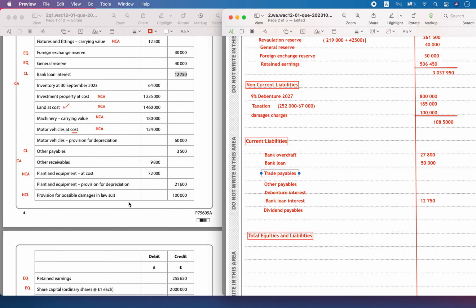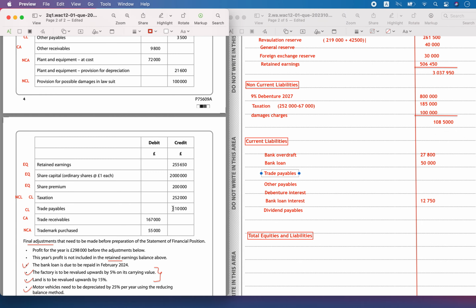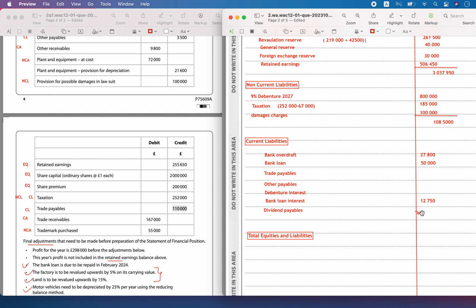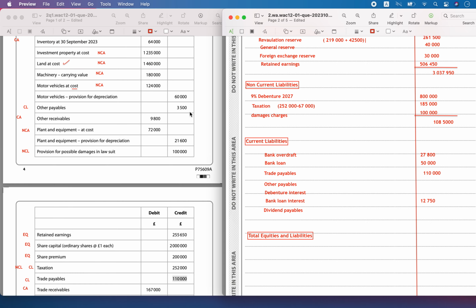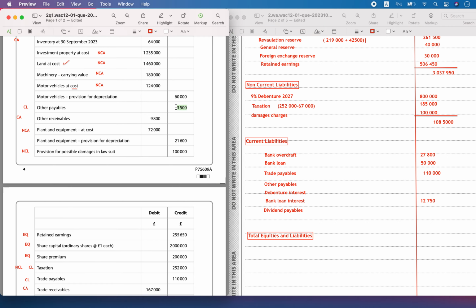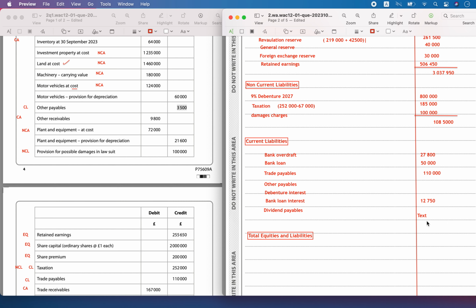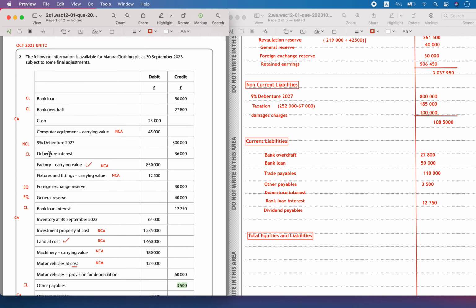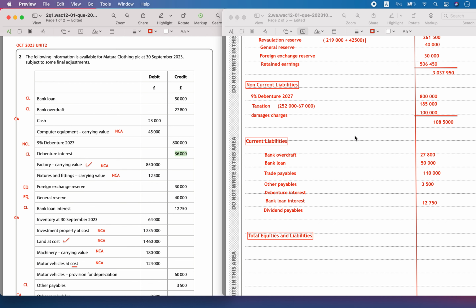Then you have the trade payables, which is at 110,000. And then the other payables, which is at 3,500. The debenture interest is given here, and it is equal to 36,000.